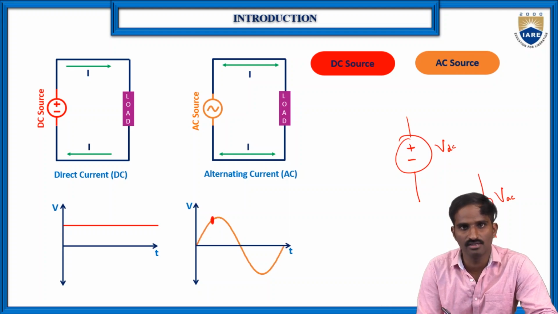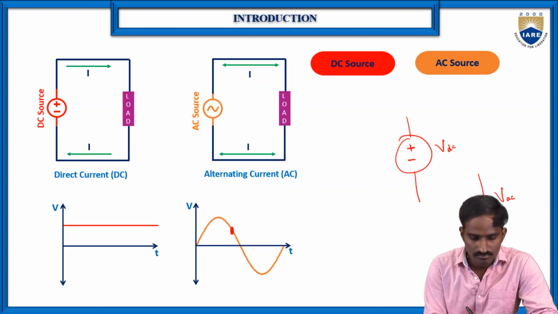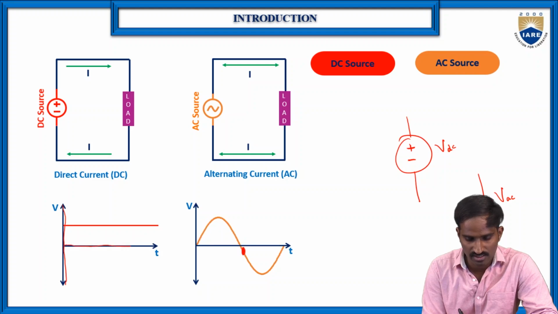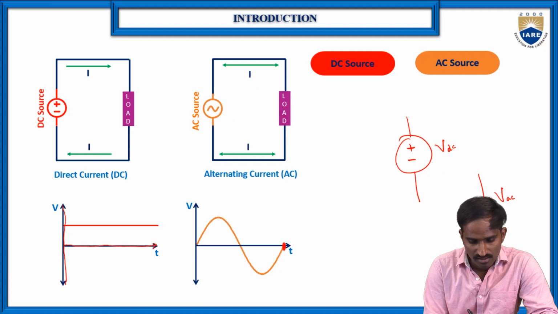Because as you can see here, if you represent both the DC and AC voltage sources graphically, this is the voltage, the magnitude of the voltage, the y-axis, and the x-axis is the time. So as you can see here, the voltage line is always constant.